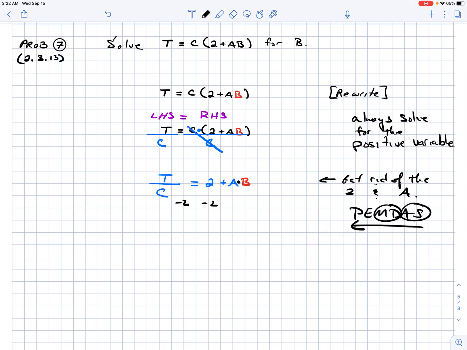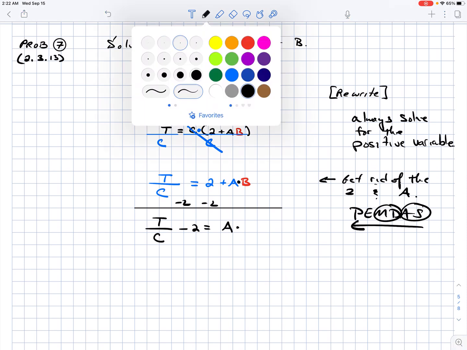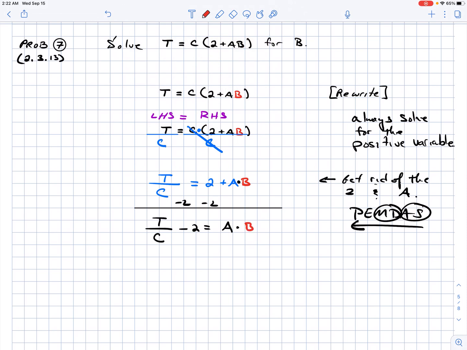So I'm going to subtract 2 from both sides, because that's weaker than multiplication between the a and the b. t minus 2 equals a, and I'll keep that color coordination this time, just so you can see it. And now I've got that monstrosity.